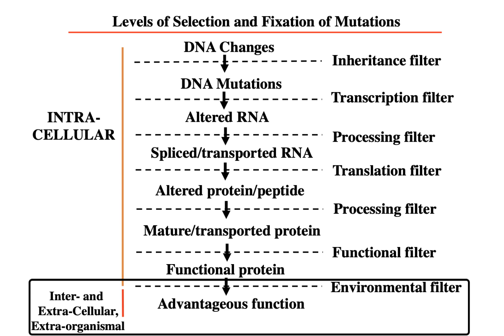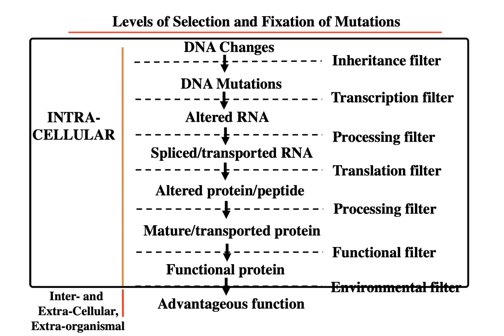And extraorganismal, how do all those cells together function for that organism in order for it to survive in that environment? And in most cases, people are measuring out at this level. How does that cell or that organism interact with its environment? Is it successful? Is it not successful? Partly successful? Whereas all of these mutations and these filters back here affect the success of this organism out here.